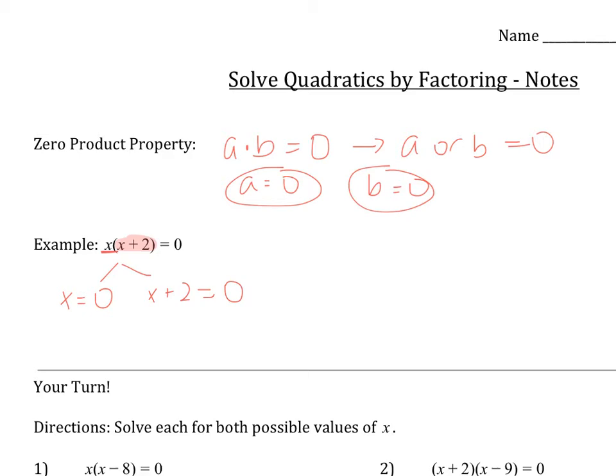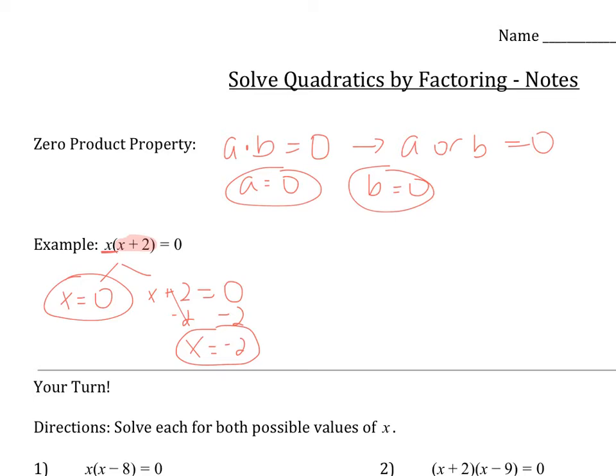So that means one of my answers would be x equals 0. Well, if I solve this out, x plus 2 equals 0, what would x be? I would need to subtract 2 from both sides, so x would equal negative 2. So my two answers for this would be x equals 0 or x equals negative 2.